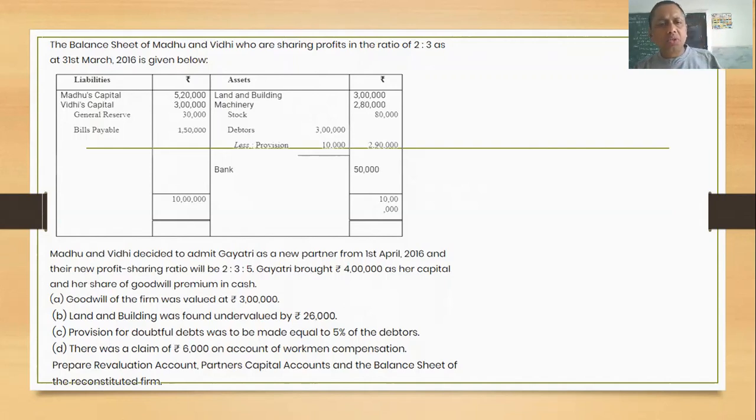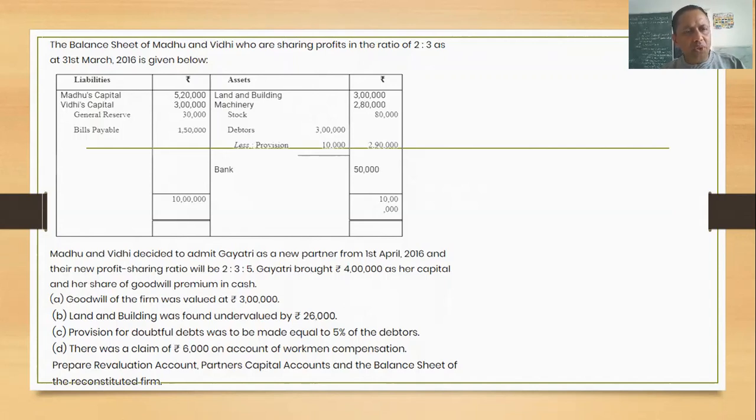This is also not shown in the revaluation account. This treatment is done in the partner's capital account. Goodwill is distributed after calculating the sacrificing ratio, and the old partners adjust the goodwill in the sacrificing ratio.